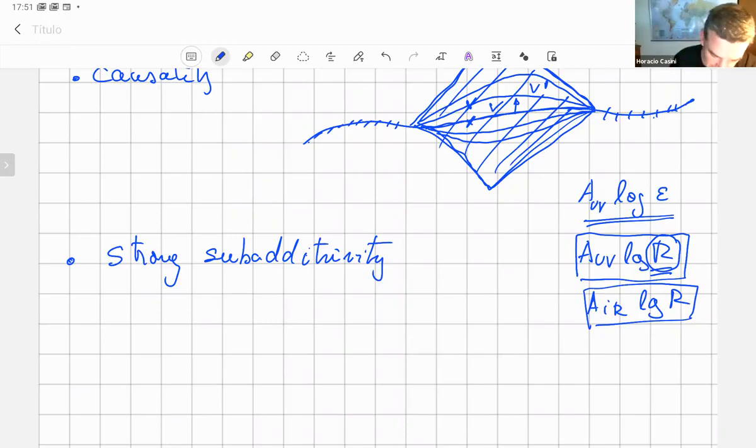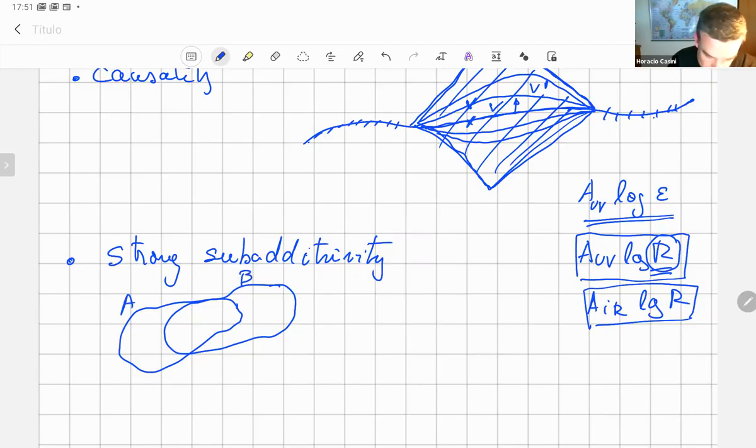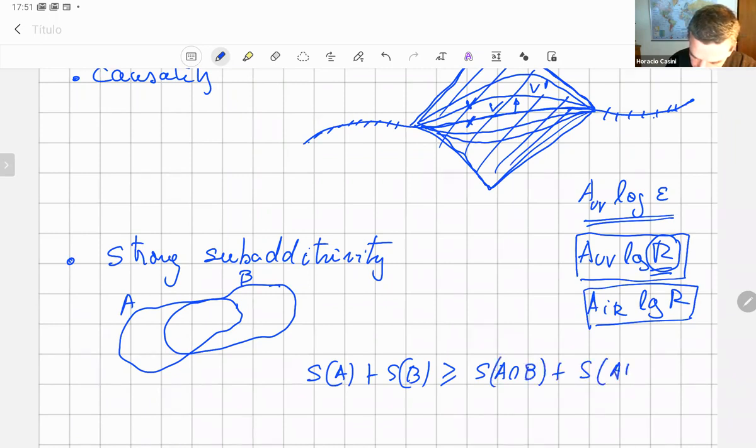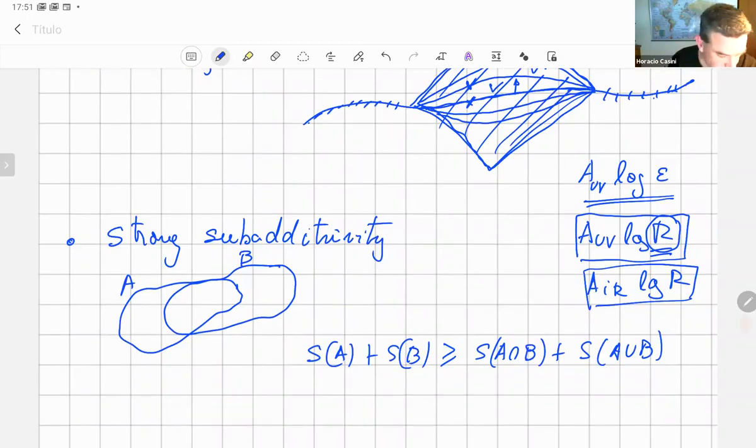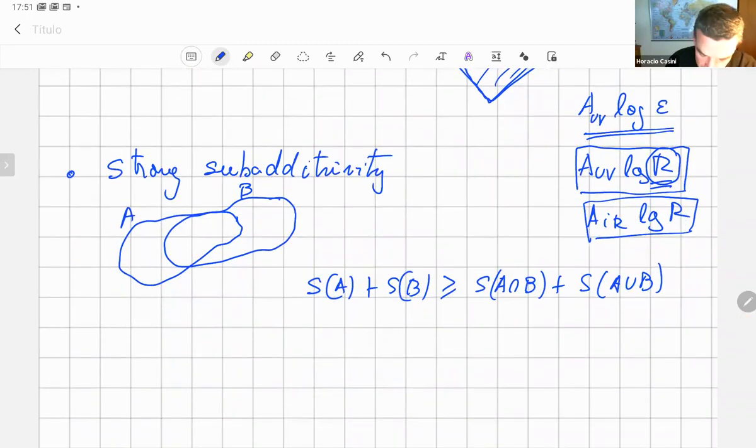If I take two regions, A and B, the strong subadditivity writes S of A plus S of B is greater or equal than the entropy of the union plus the entropy of the intersection, which is quite a geometric thing for these algebras of regions.